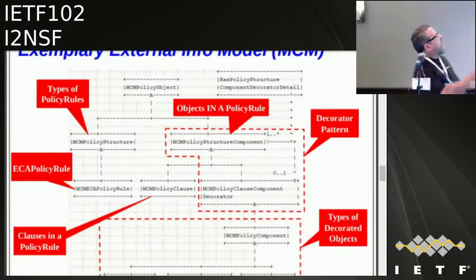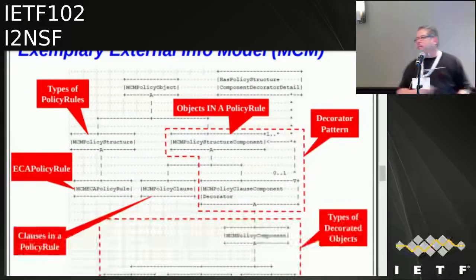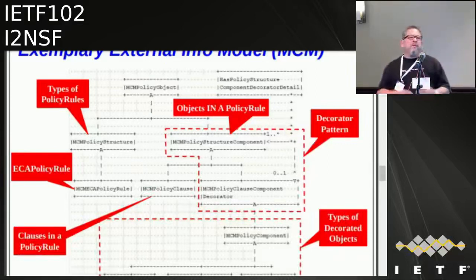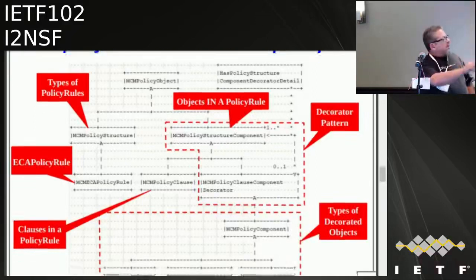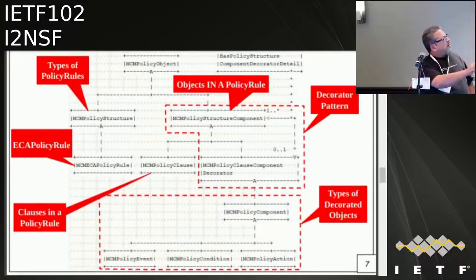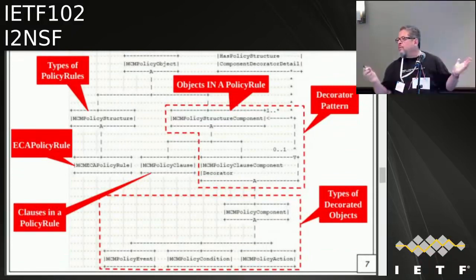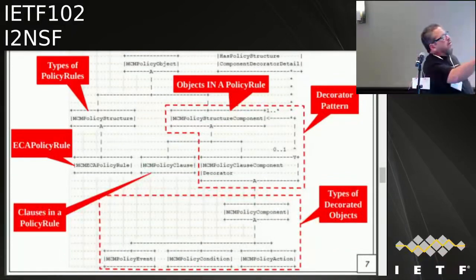So for example, in the MEF, we have not just imperative rules, we have declarative rules, we have intent rules, we have utility functions, we have lots of things. So this class says, I am a policy. This subclass here says, I am an ECA policy rule, simple inheritance.